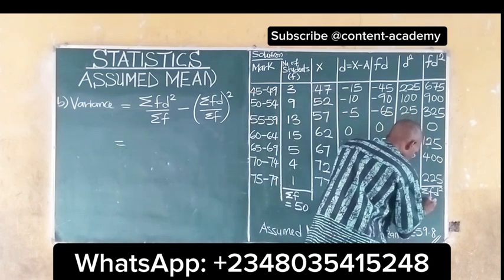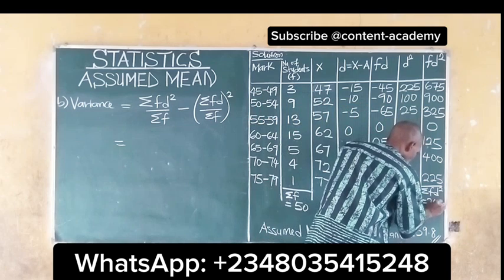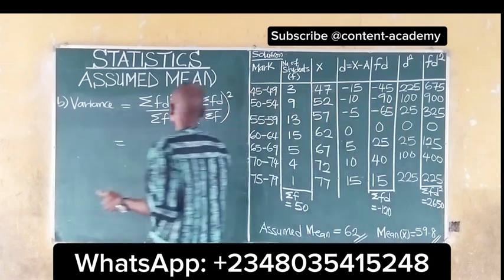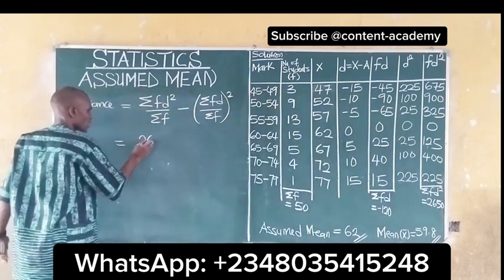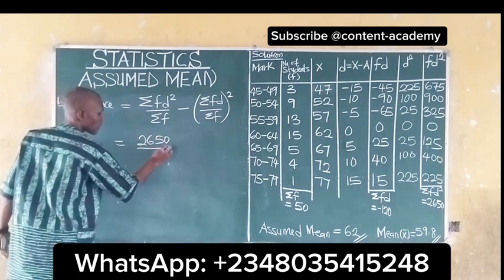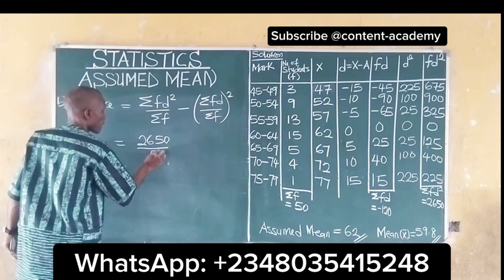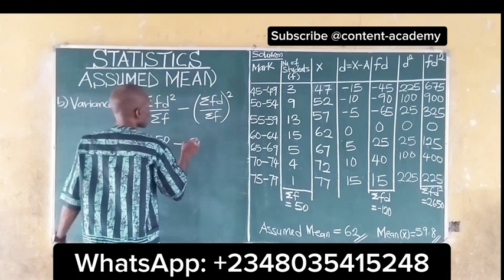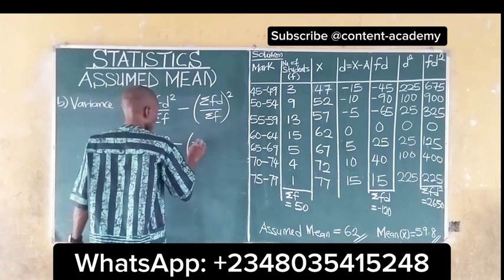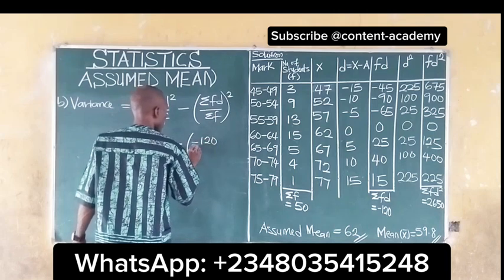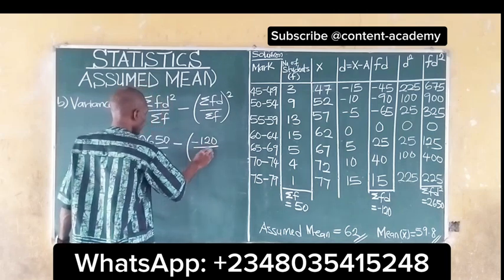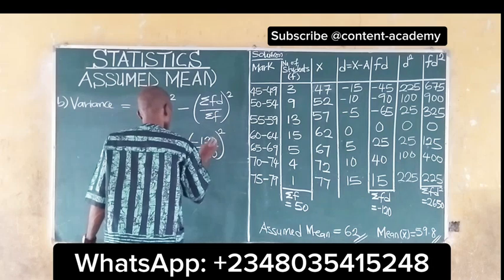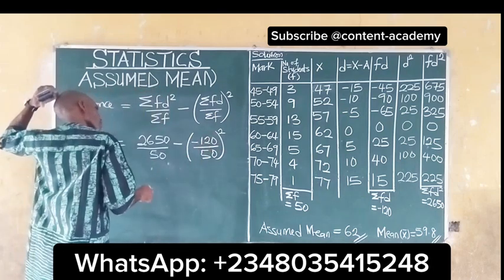We have 2650. So we have 2650 divided by f, which is 50, minus summation of f d, which is negative 120, all over summation of f, which is 50, and we have that squared here.